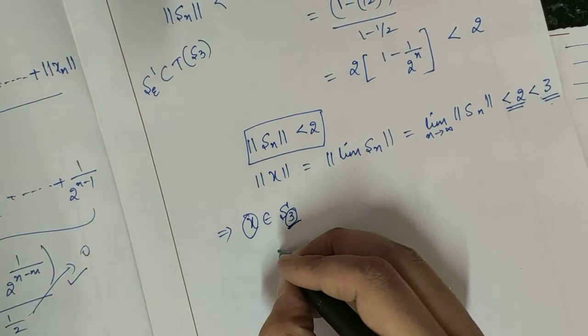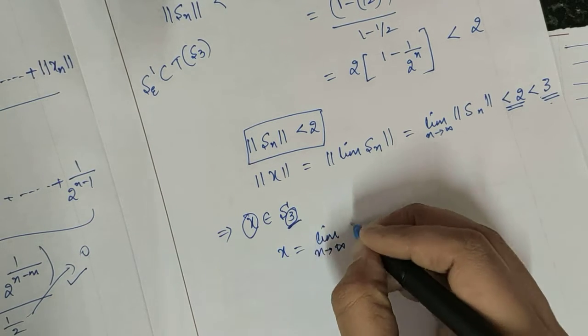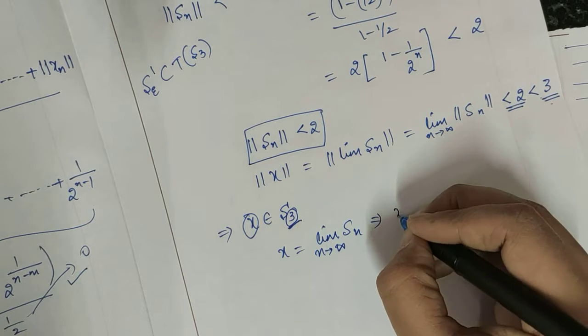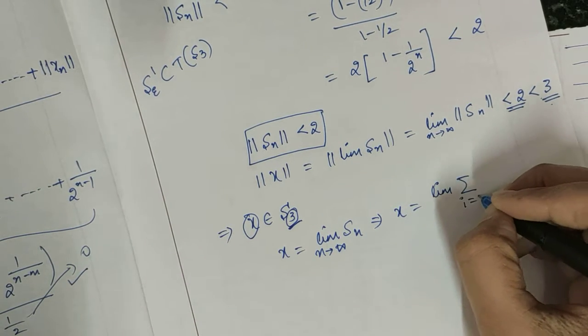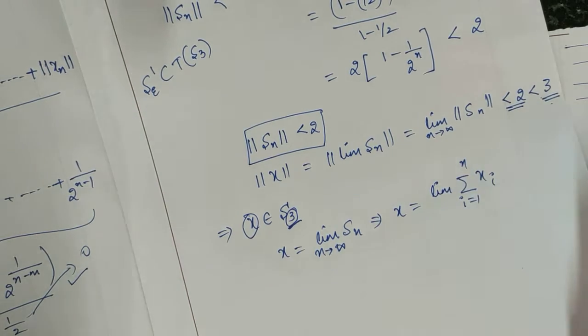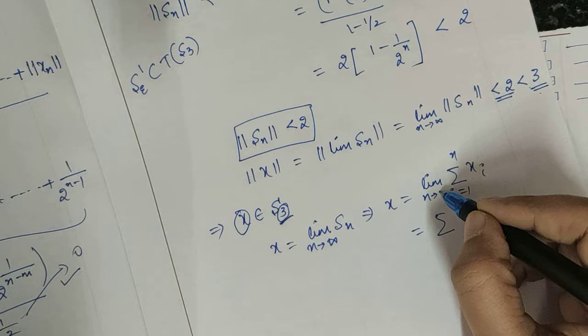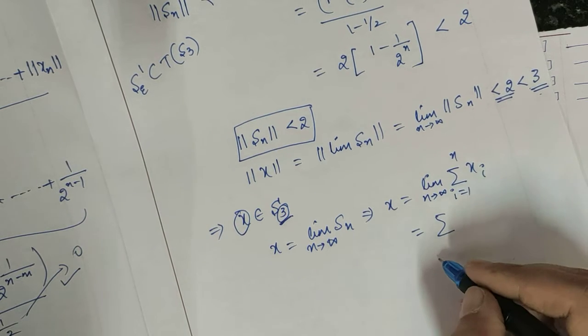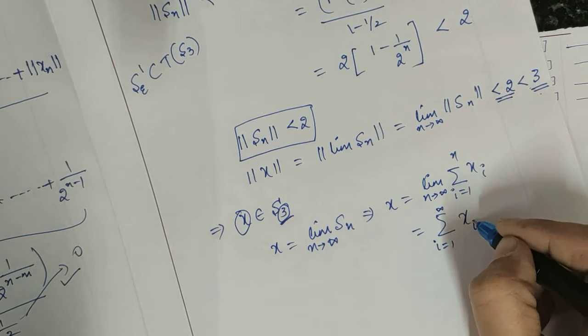Okay, so this is nothing but x is equal to limit n tends to infinity Sn, which implies that x is equal to limit summation i equal to 1 to n xi. So this is nothing but, since we write here limit n tends to infinity, I can write summation i equal to 1 to infinity xi.